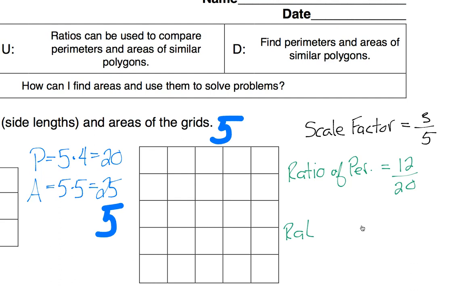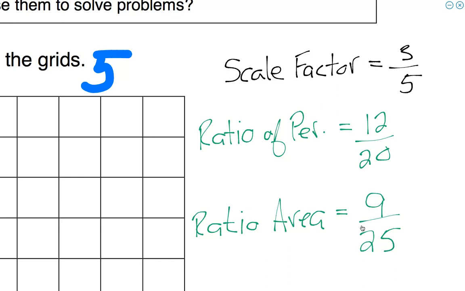If we take the ratio of the areas, that's going to be 9 over 25. 12 over 20, if I take 4 out of both of those, that simplifies back down to 3/5. 9 over 25 is 3 squared over 5 squared.